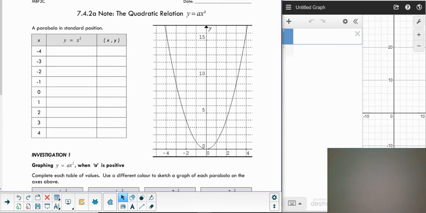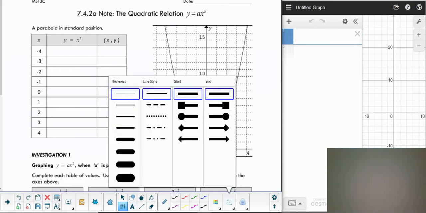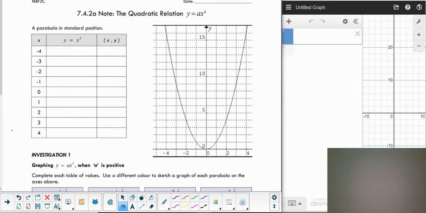So in this, we want to substitute the x values into this equation to determine our y value. We've done this plenty of times in the past. This should be something you've seen last year.